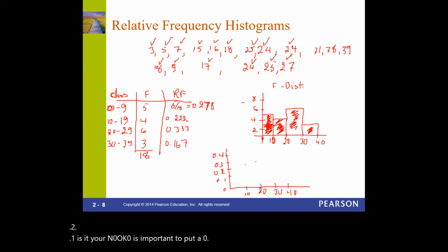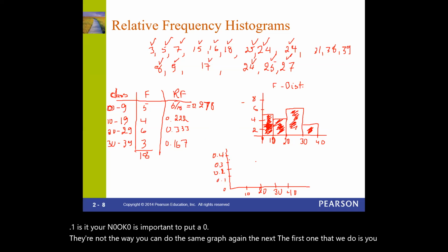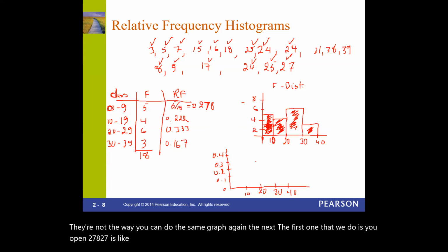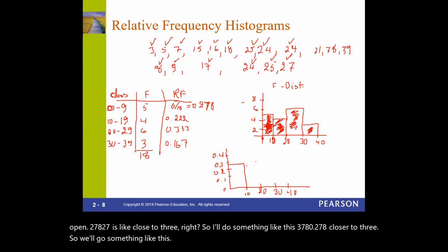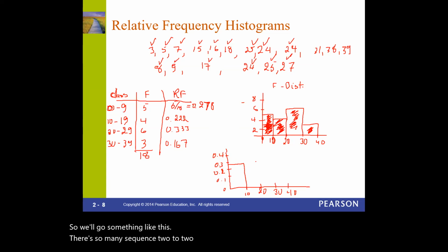Then you can do the same graph again. The first one that we do is 0.278, which is close to 0.3, so I do something like this, closer to 0.3. This one is 0.222, a little bit underneath it.